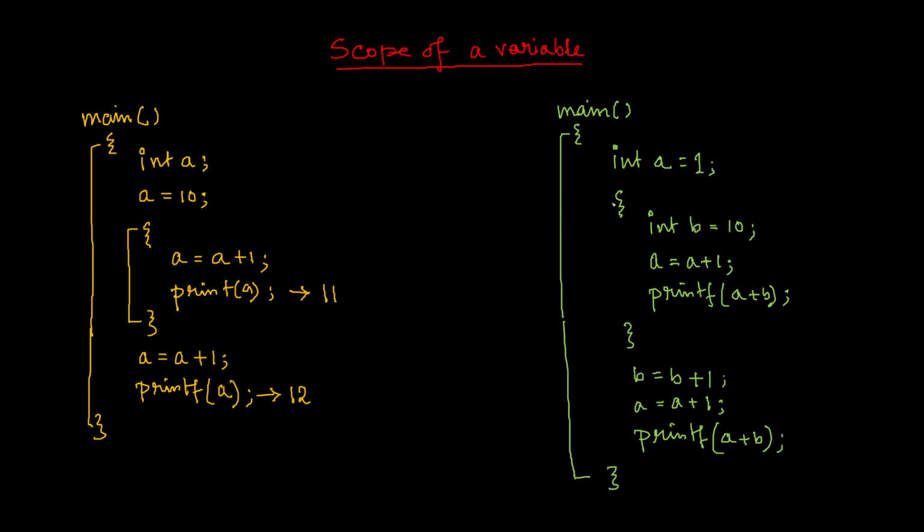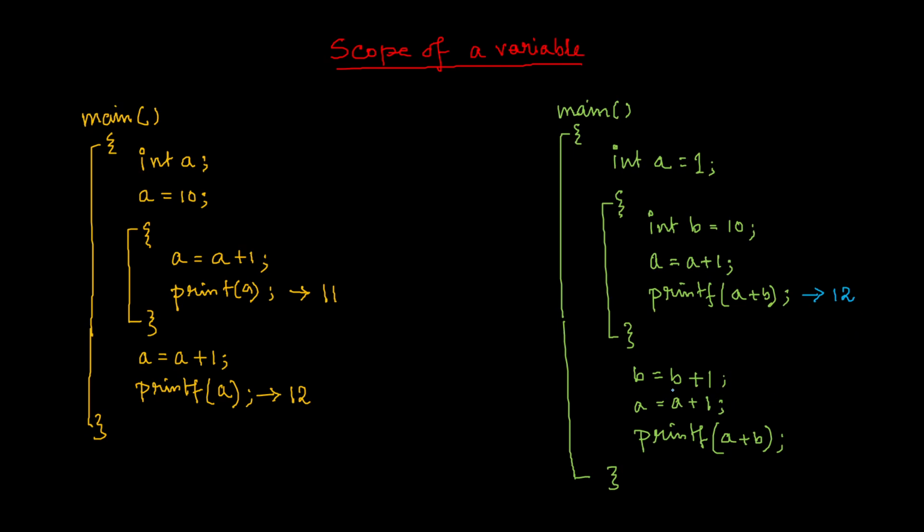You see, if you continue with this, a equals 1 and b equals 10, so a becomes 2, so the output here should be 10 plus 2, that means 12, right?